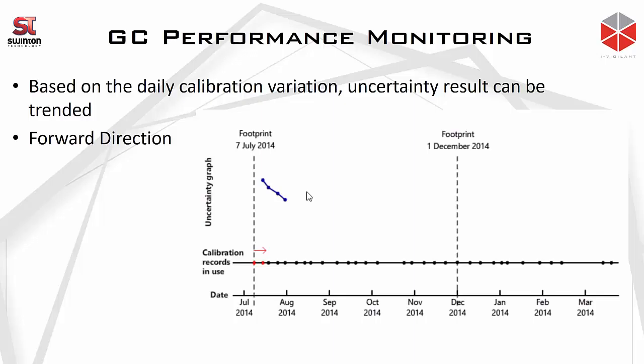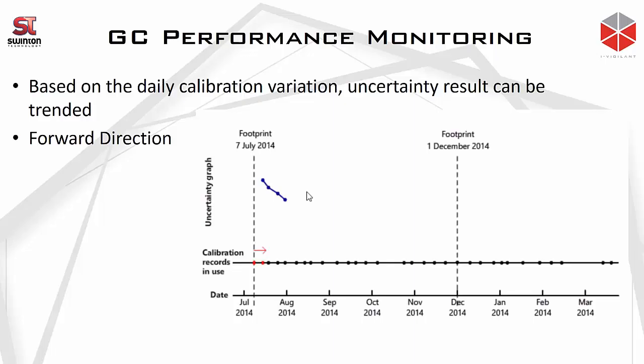Every single data point is then used to calculate the uncertainty, so all the calibration records from July all the way to the latest calibration result are combined to calculate the uncertainty.